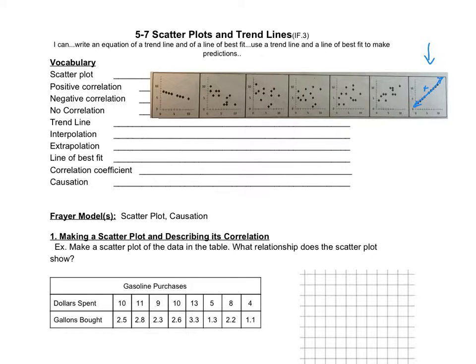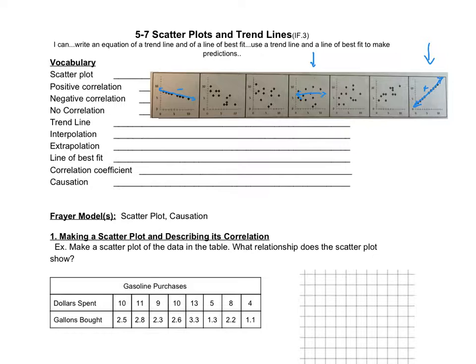On the other hand, if we go far left, we have what would be considered a negative slope. And in the middle, you really can't tell if we have an upward trend, a downward trend, or any trend at all. So this is considered no relation, because I can't tell what the data is doing here.